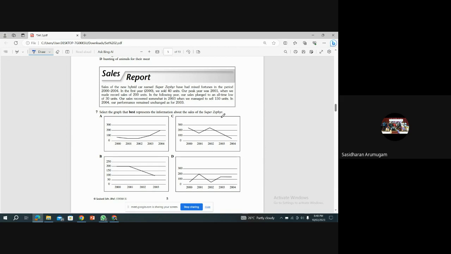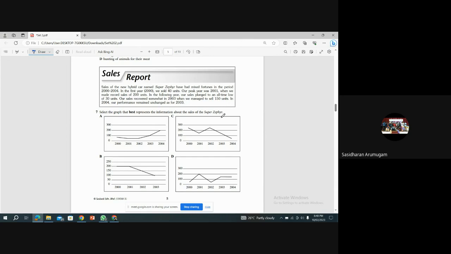So, two times increase and two times decrease. First time is just 40, first time. So second time is increased to 200. Second time 200. Okay.